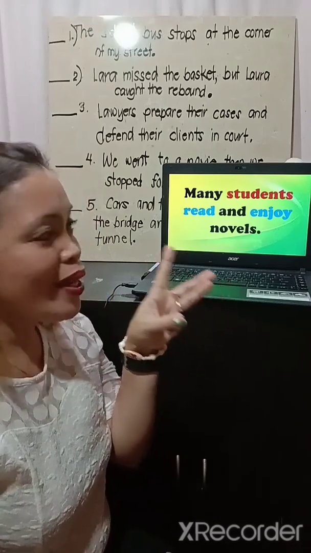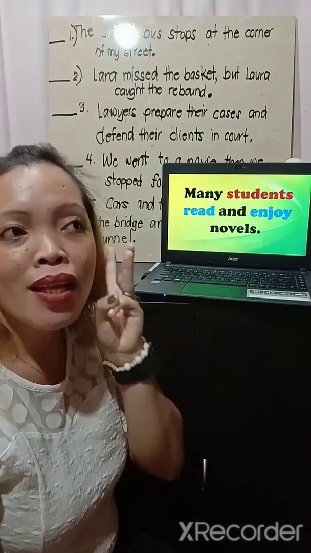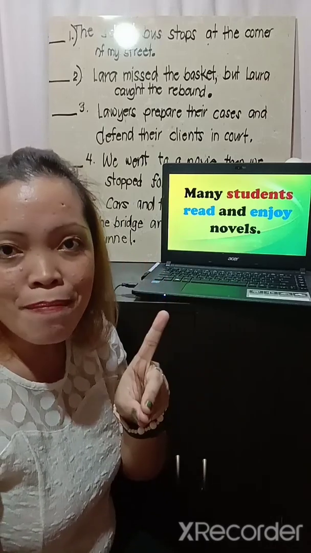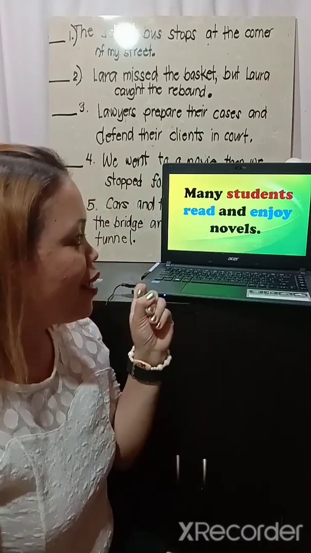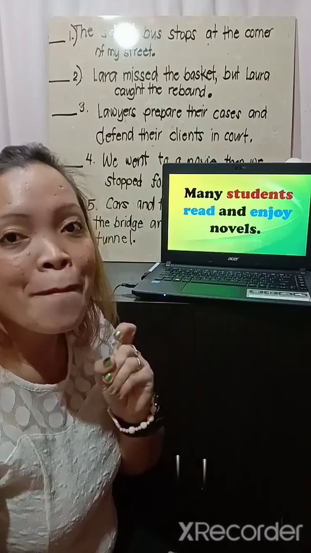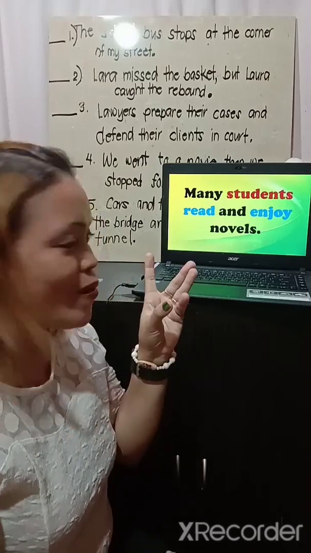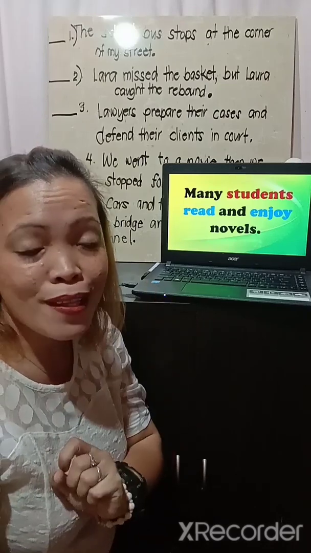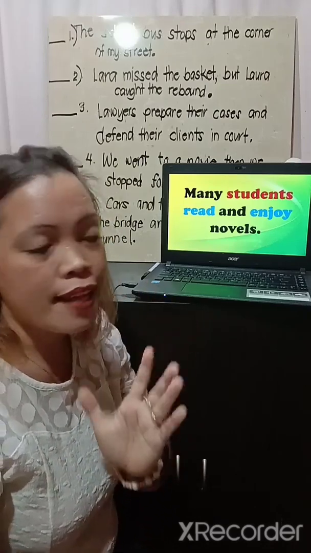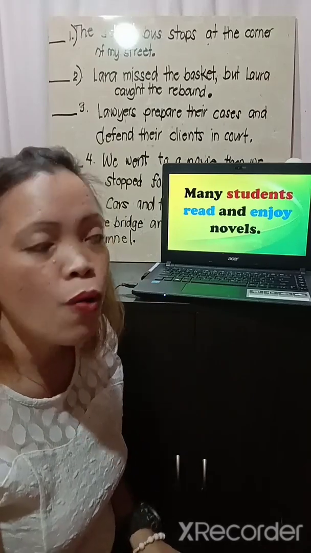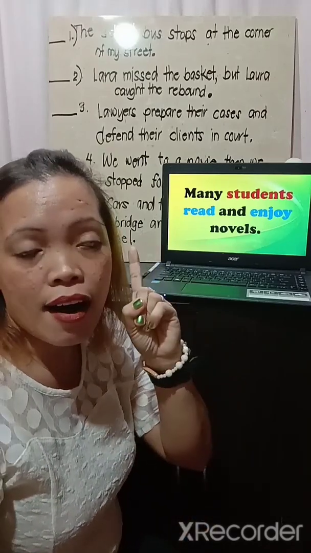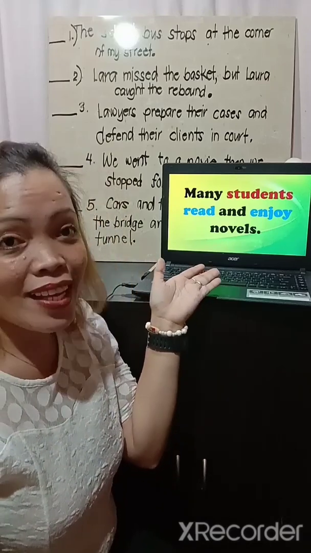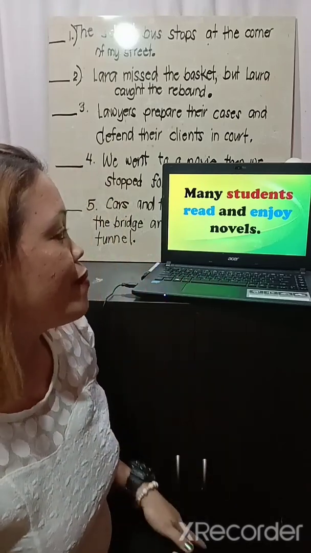So a simple sentence can also be formed by having a simple subject and a compound predicate. Compound means two or more predicates. Again, a simple sentence can be formed by one simple subject and a compound predicate, just like in this sentence.